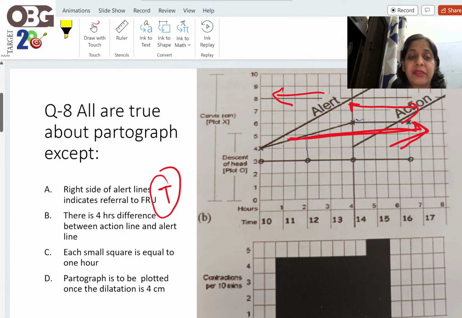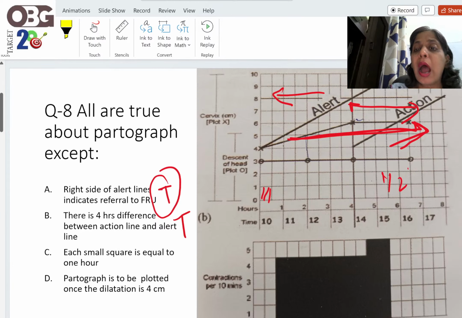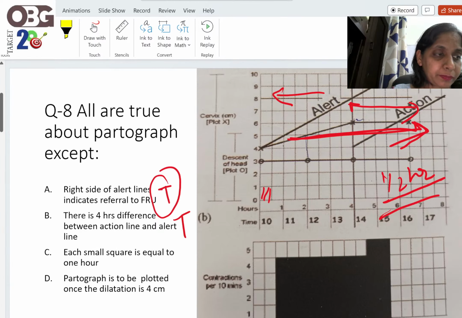So this is also true. Each small square is equal to 1 hour. No, can you tell me in the chat box, each small square is equal to half hour. It is not equal to 1 hour.